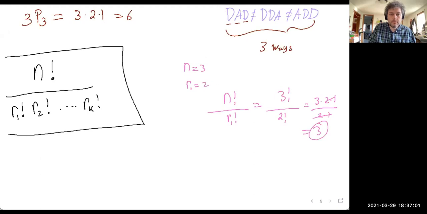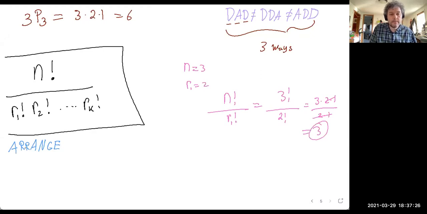Another example might be, let's see how many ways I could write the word arrange. So how many permutations are there with the letters of the word arrange, A-R-R-A-N-G-E? How many ways can we do it?